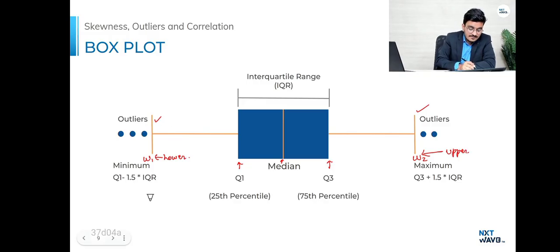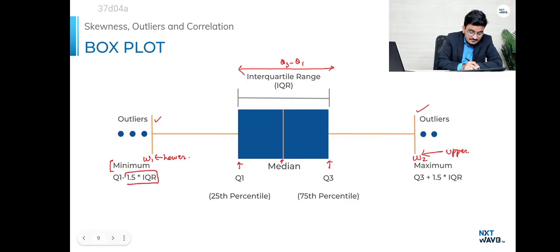The minimum value according to the interquartile range, which is nothing but the length from here to here, which is Q3 minus Q1, is calculated as Q1 minus 1.5 into IQR, right? Q1 minus 1.5 into interquartile range. And this maximum value is calculated as Q3 plus 1.5 into IQR.